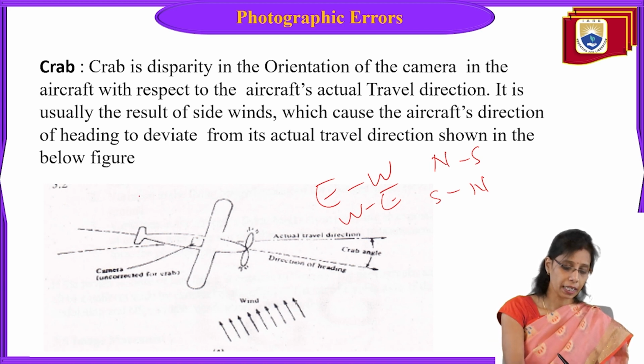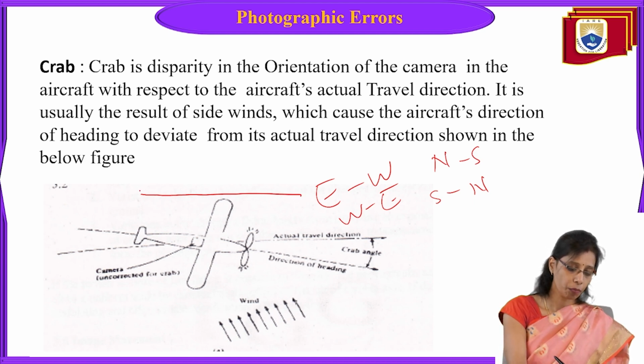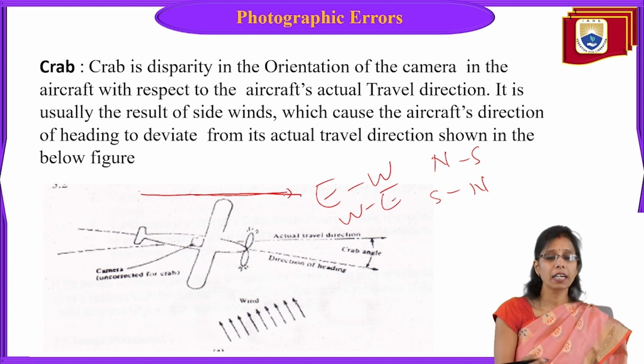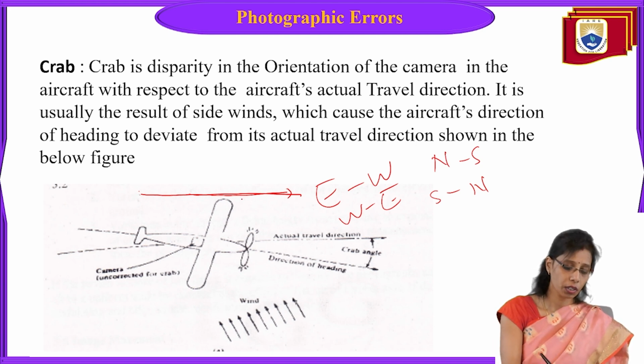So in that case, what happens at the time of capturing the photos? When a pilot tries to go in a direction, from this to this is the flight line direction. Due to the wind conditions and unfavorable weather, when it has to go from here to here, it will go zigzag, up and down.